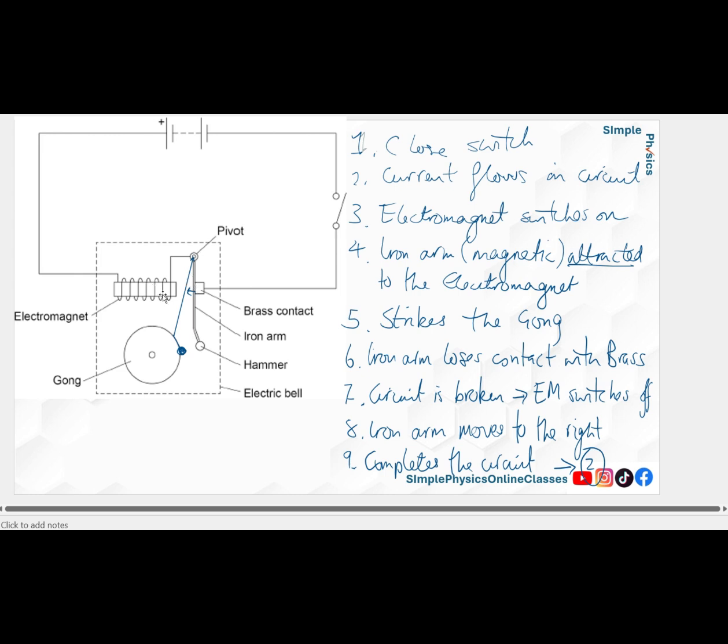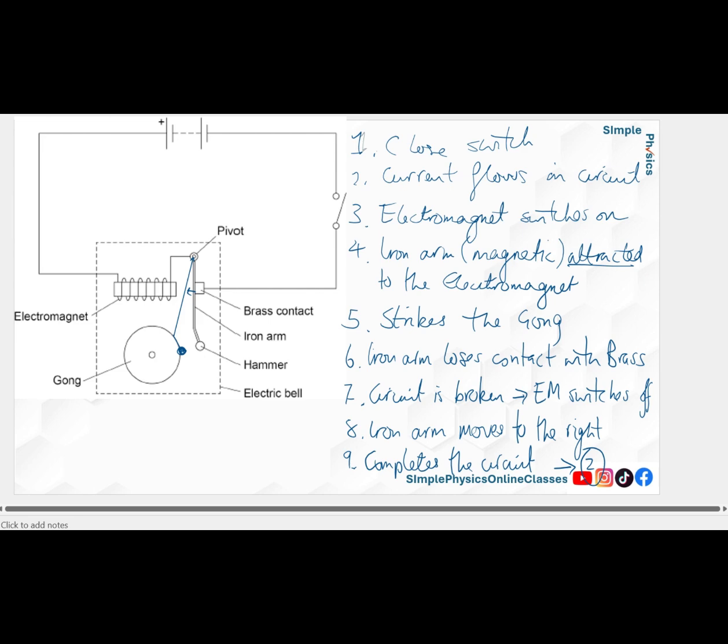So once the hammer has hit the gong, the iron arm is not attracted to the electromagnet anymore because it's switched off. So it goes back to its original position, makes contact with the brass contact, and the circuit comes on again, and it repeats and repeats. So there's your description here. Put it in as many or as few words as you want, but essentially: switch it on, it becomes an electromagnet, attracts something. Cause and effect.